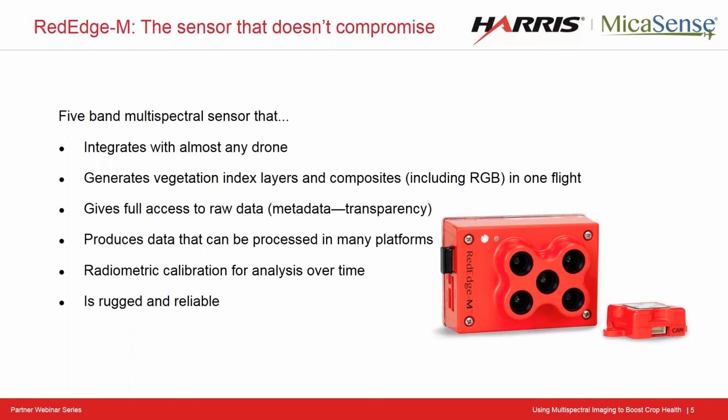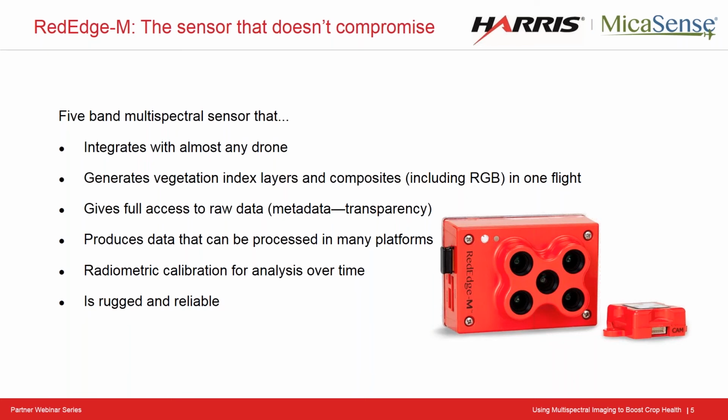And related to that, the data that's collected can be processed in many different platforms, so you're not pigeonholed into one particular processing solution. Another thing is that with the camera kit, we provide you with the hardware components that allow for radiometric calibration for analysis over time. And we'll talk more about what the radiometric calibration means and why that's valuable in a few minutes.